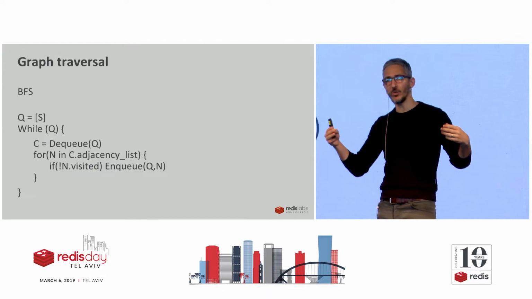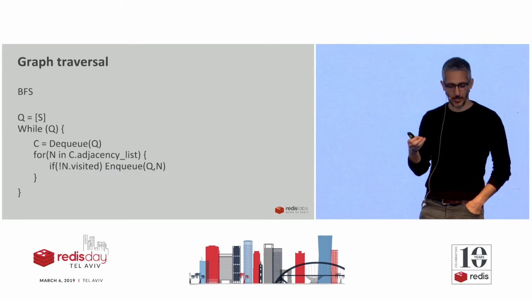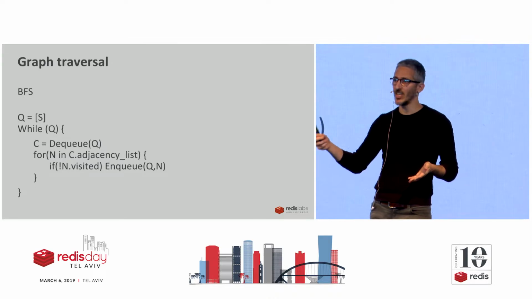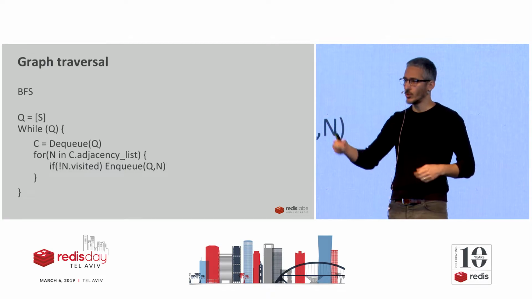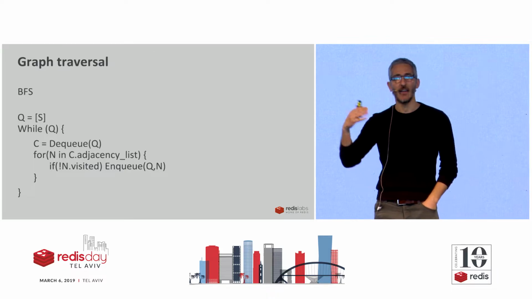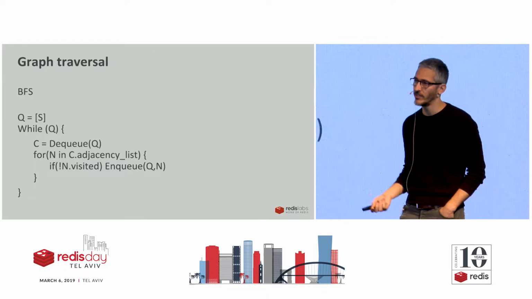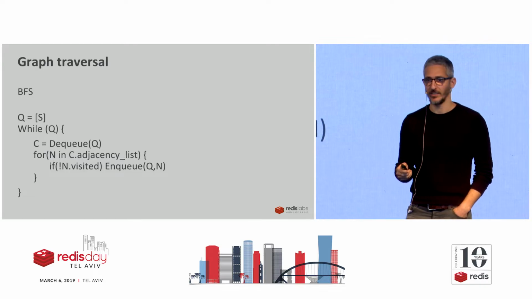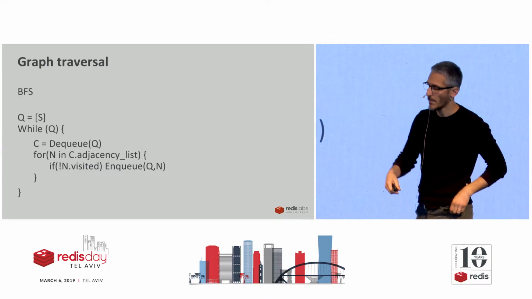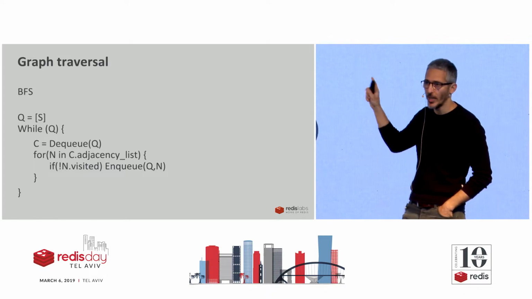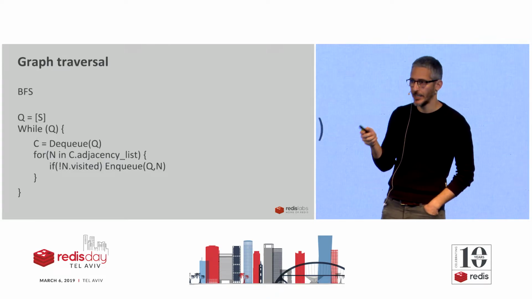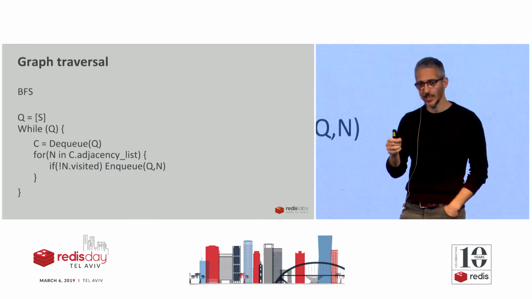As long as this queue is not empty, I remove an element from the queue. I'm inspecting this element, which is basically a node, and its adjacency list. For every node within its adjacency list, I make sure that I haven't visited that node already. And if not, I put that node into the queue. This way, I traverse the graph one level at a time. The key thing to take away from this example is that this algorithm is linear. You're always focused on a single node.